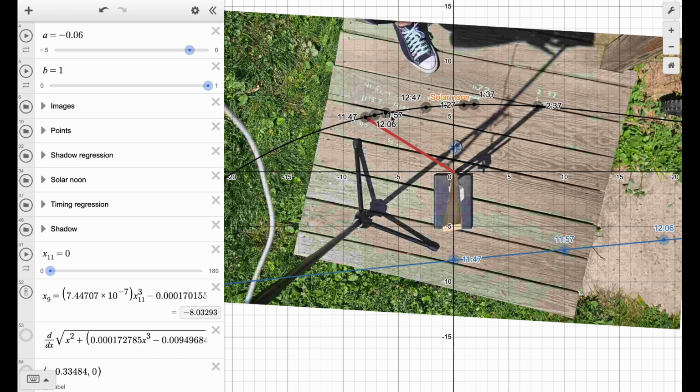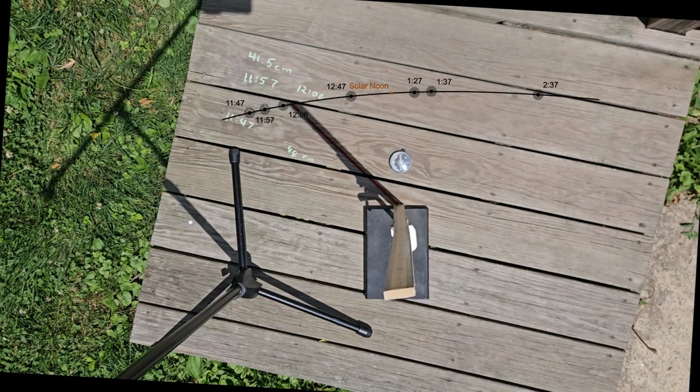And if this model, let me just animate this variable, if this model is a reliable or accurate representation of what actually happened, if I were to take just that moving red line, it should follow the shadow in the actual video. So let's see that.